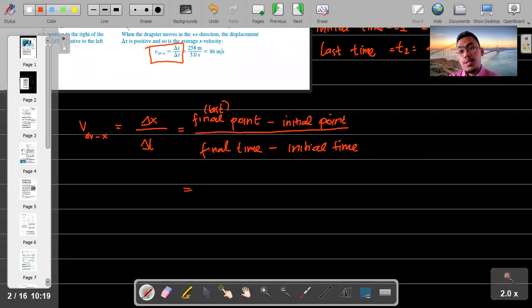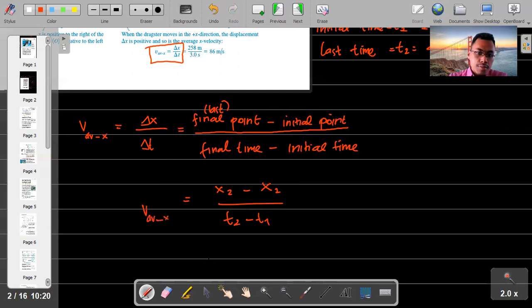We can make it simpler, because this is not very mathematical, so we have to make it into mathematical symbols. The final point is x2 and the initial point is x1, divided by t2 minus t1. So this is the formula of average velocity.